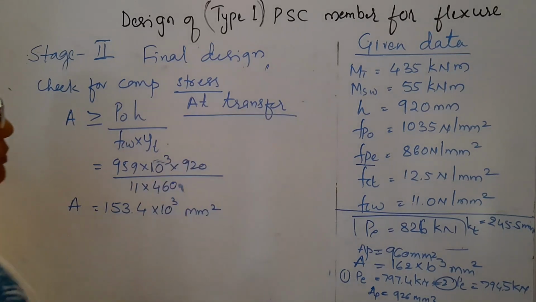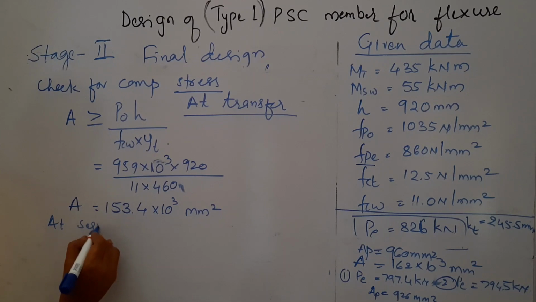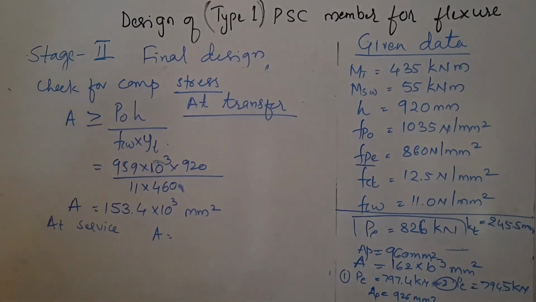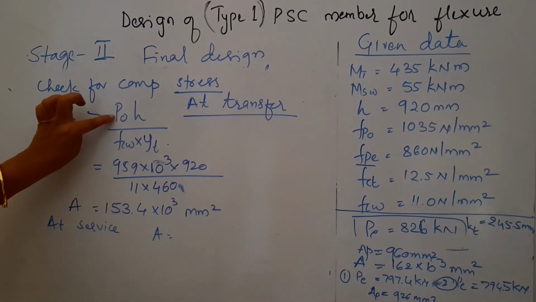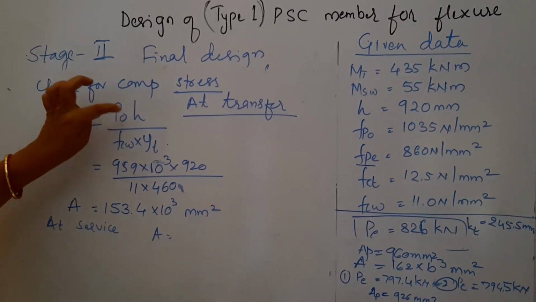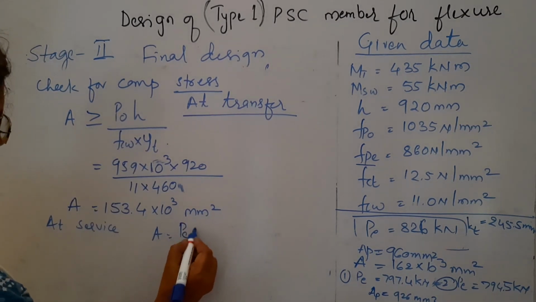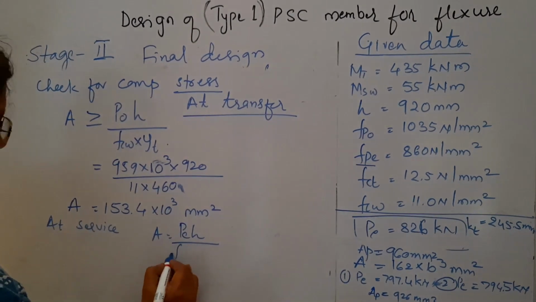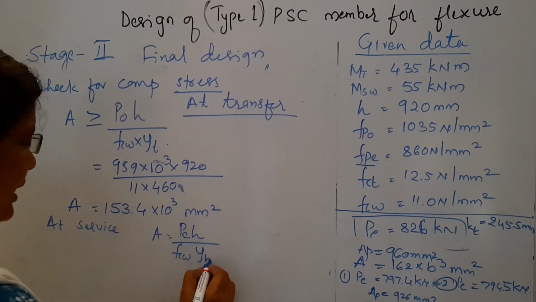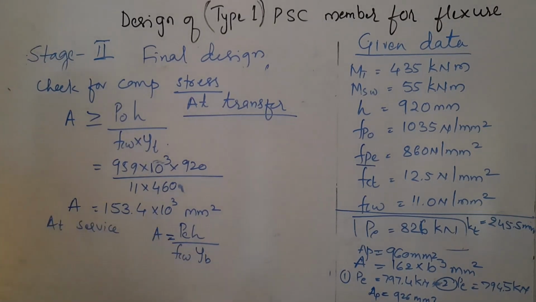This is at transfer. Similarly, at service, area is calculated. The variable in this case is that we took the initial pre-stressing force at transfer, and this should be taken as PE because after all losses, whatever force is available is PE. So PE into H divided by FCW, and here we take YB. As I have told, at the working conditions, bottom stress will be 0 and the top will be maximum.